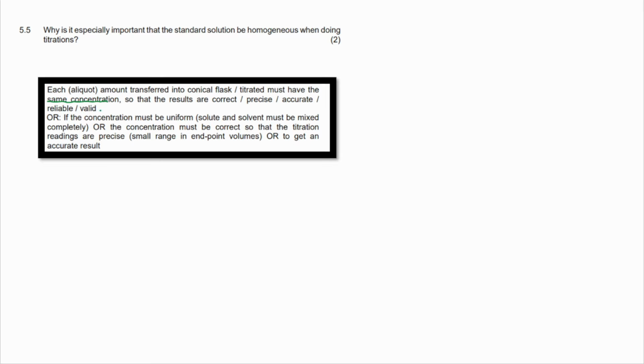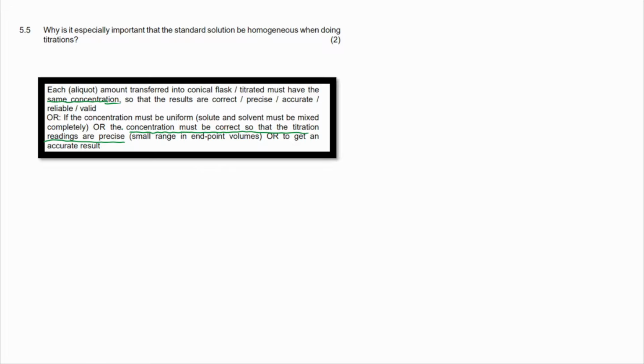Here's another thing. I would probably say it needs to be that, because everything needs to have the same concentration. I would probably say this first part over here, or even this one, concentration must be correct so the titration readings are precise.